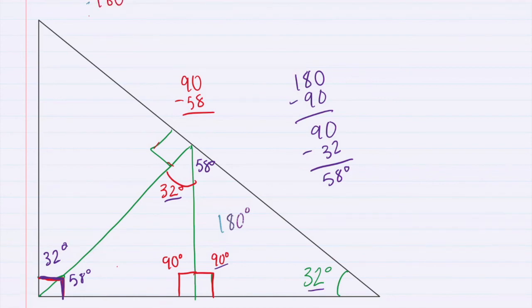What's 180 minus 90 minus 32? It's actually 58 degrees. Whoa, 58 degrees. And that's how we found all angles in this problem.